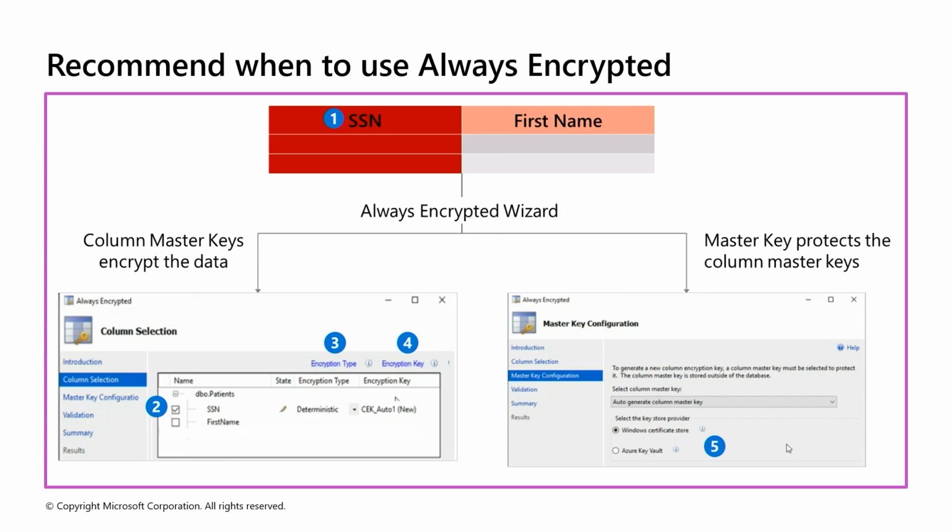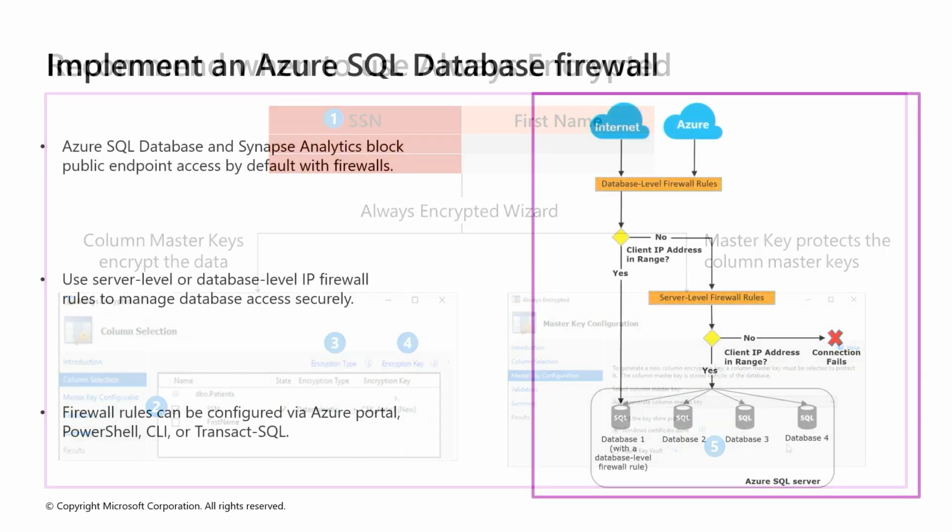So the master key for the table then gives you the list of the columns in the table. You select which column you want it to encrypt. And that way you can then store the master key in something like Key Vault, which then is used to gain access to the column keys that you're working with. So you've got multiple keys that you need access to be compromised to be able to get around this. So that's just looking at how you can have that layered approach in the defense-in-depth model for managing your SQL data in a secure manner.